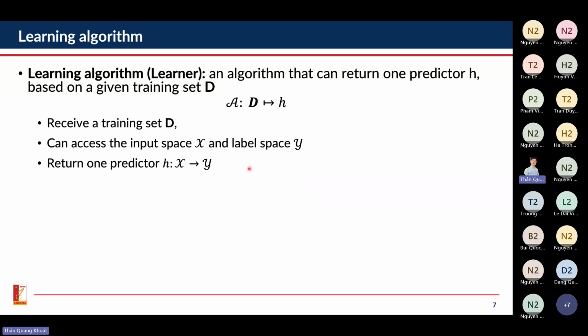In order to find that specific model, we need an algorithm that receives a data set, a training set, and then produces one specific model. In that case, we call it the learning algorithm, or sometimes the learner. In fact, we can consider a learner to be a mapping from one training set to one specific model.